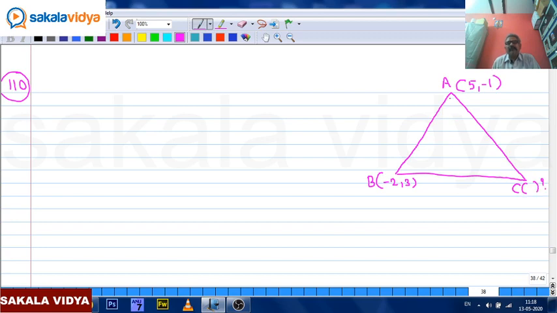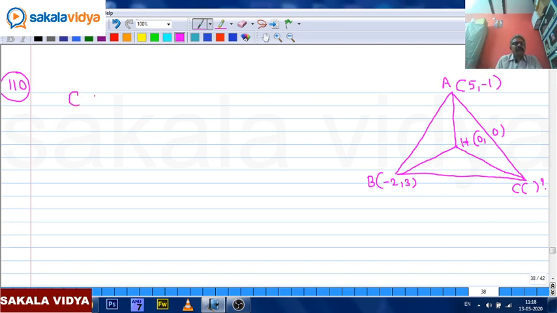The orthocenter H is given as 0 comma 0. Now we need to find C.